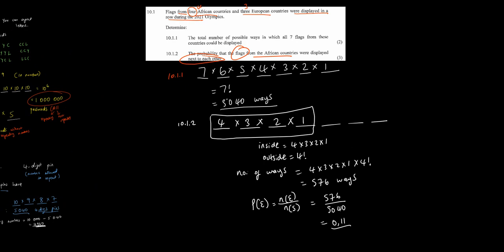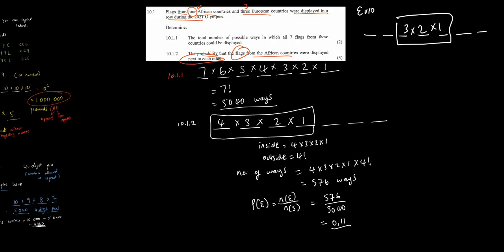Well, you are going to say 1, 2, 3, 4, 5, 6, 7. In the middle, it must be the 4 African flags. So you're going to say, oh, we can't have that. No, let me say the European countries must be in the middle. The European countries must be in the middle. Here they are. 3 of them must be in the middle, like that. So you must have 3, and then you will have 2, and then you will have 1.